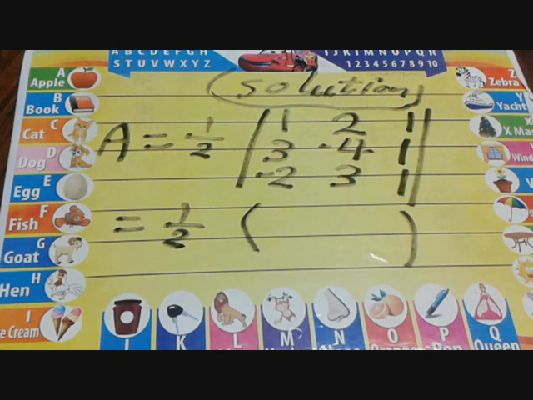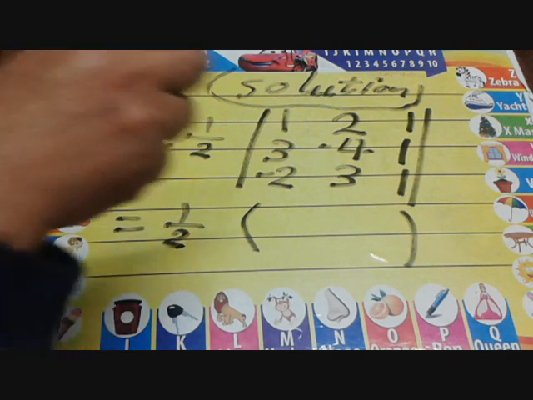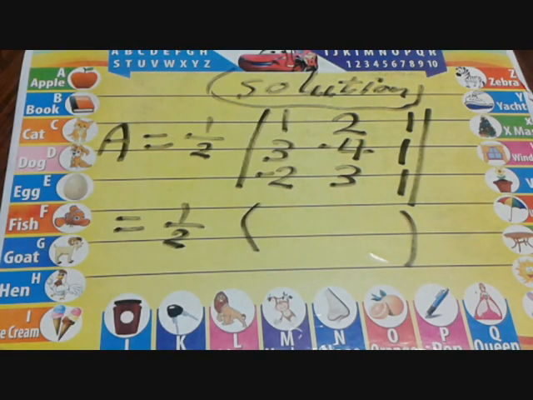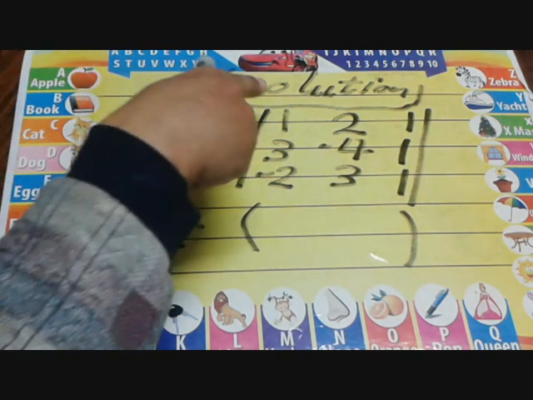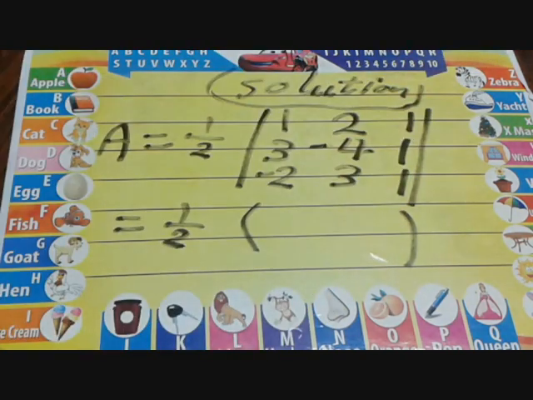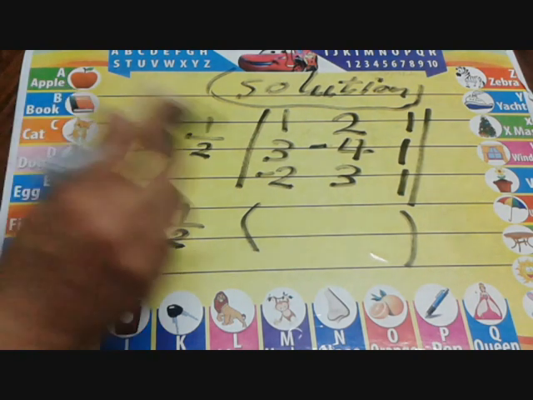According to the previous rules, the value of this determinant is what? 1, by using the third column, the value equals what?